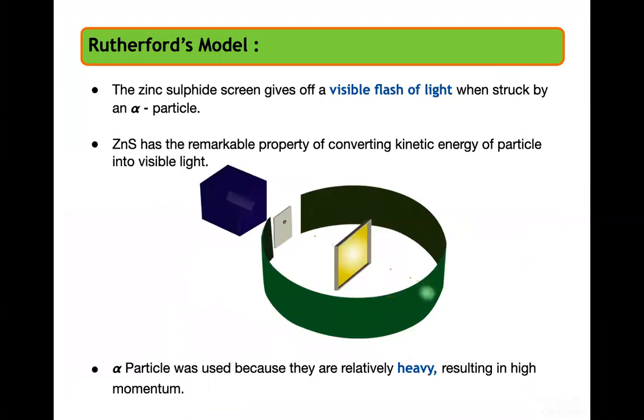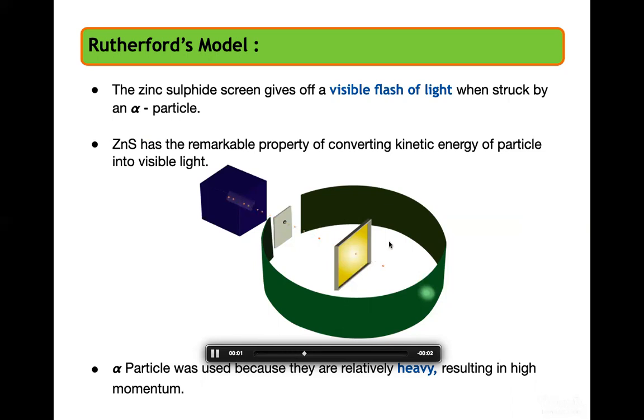You can see this. When alpha particles were bombarded, most of them went undeflected in a straight path. Few got diverted at some angle. He kept a zinc sulfide screen here.